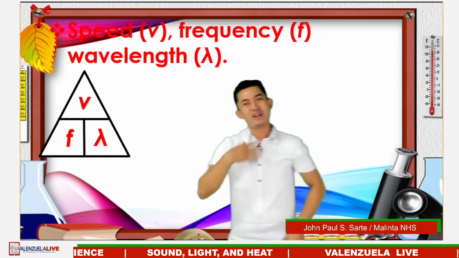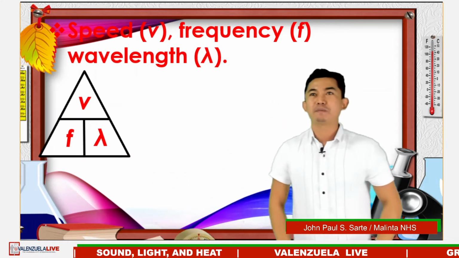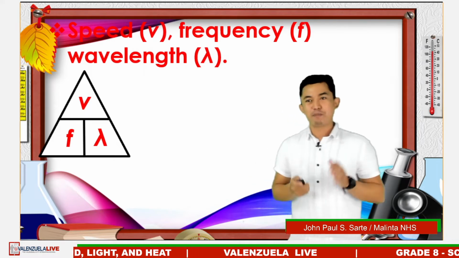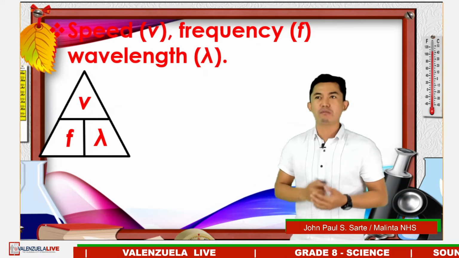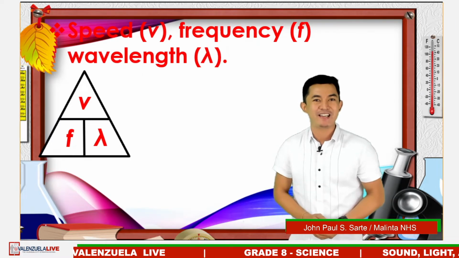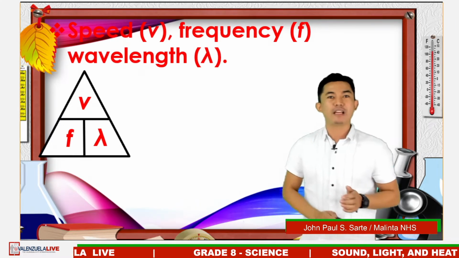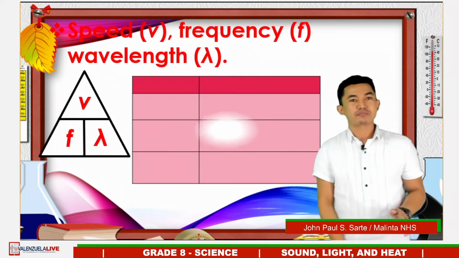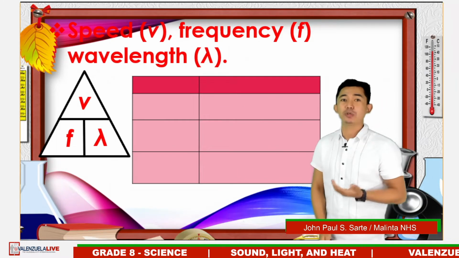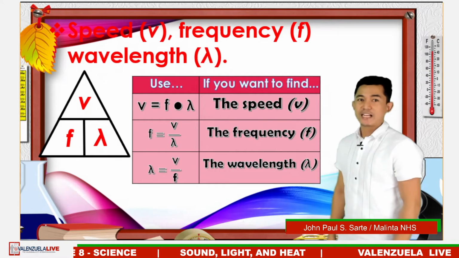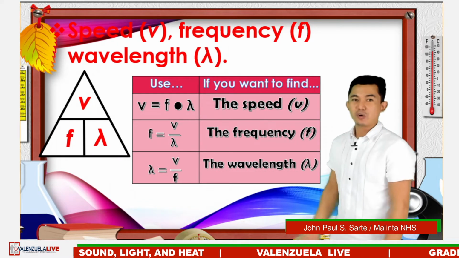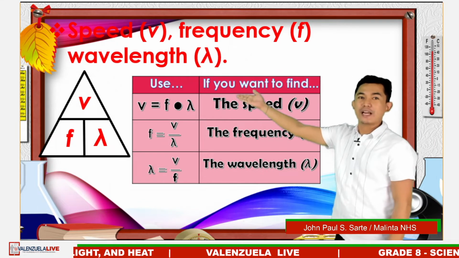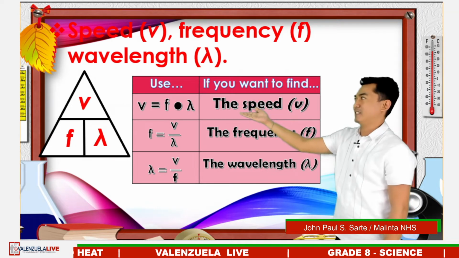Okay, I know it is hard to compute because there is so much computation in physics. But I prepared here a table which can help you understand the usage of the formulas. If you want to find the speed, class, look at this.